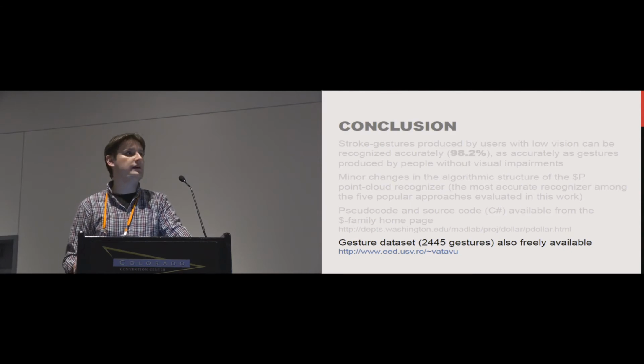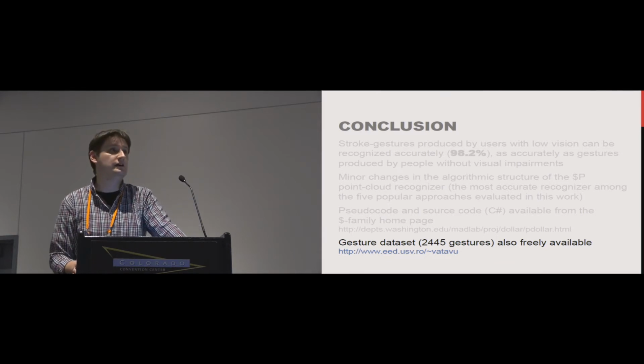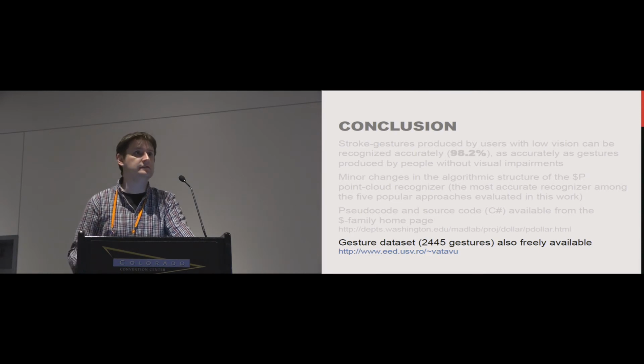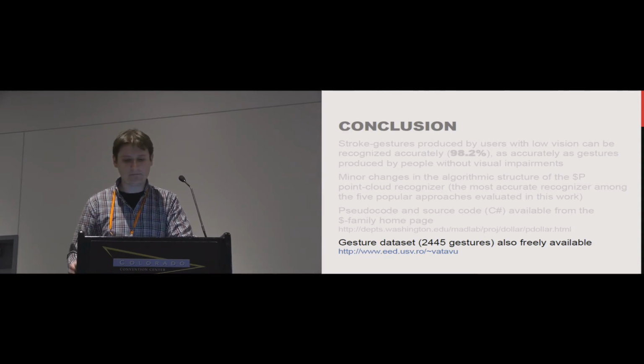And also the gesture dataset that I collected in this work, composed of over 2,400 stroke gestures, is freely available to use for research, and as far as I know, this is the only public data set for gestures produced by people with visual impairments.